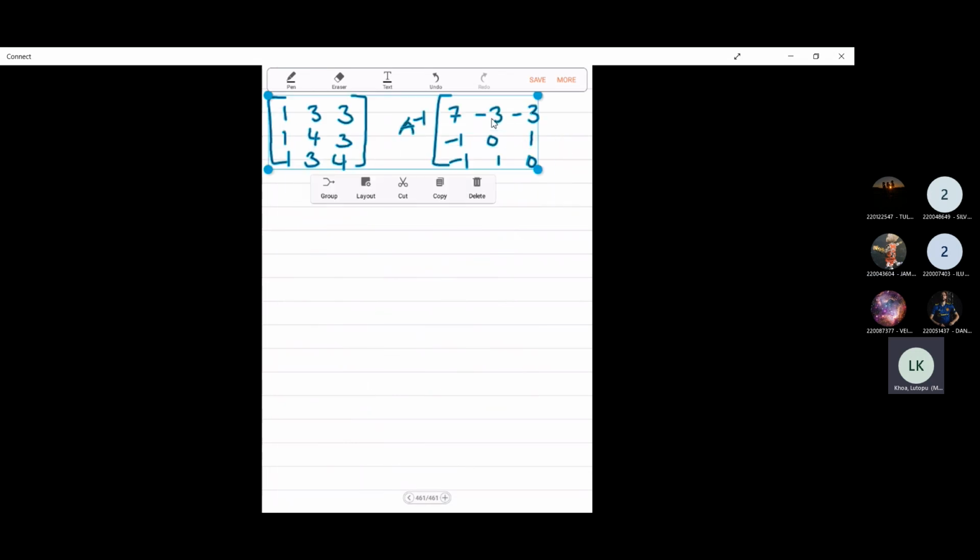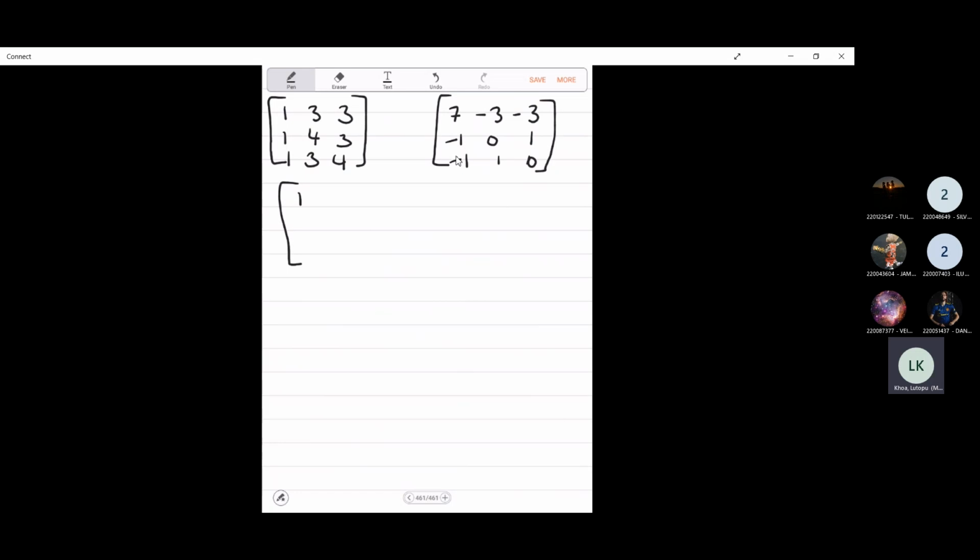So I want to check if this is in fact the inverse of that one. So we multiply row with column: 7 times 1, 3 times this times that. That gives us 1. And then 1 times minus 3 plus 3 times 0 plus 3 times 1.